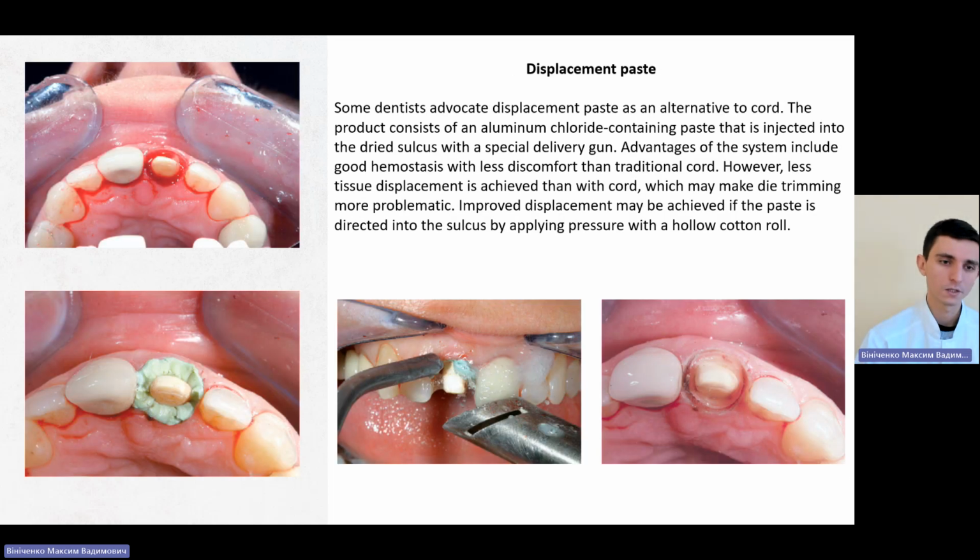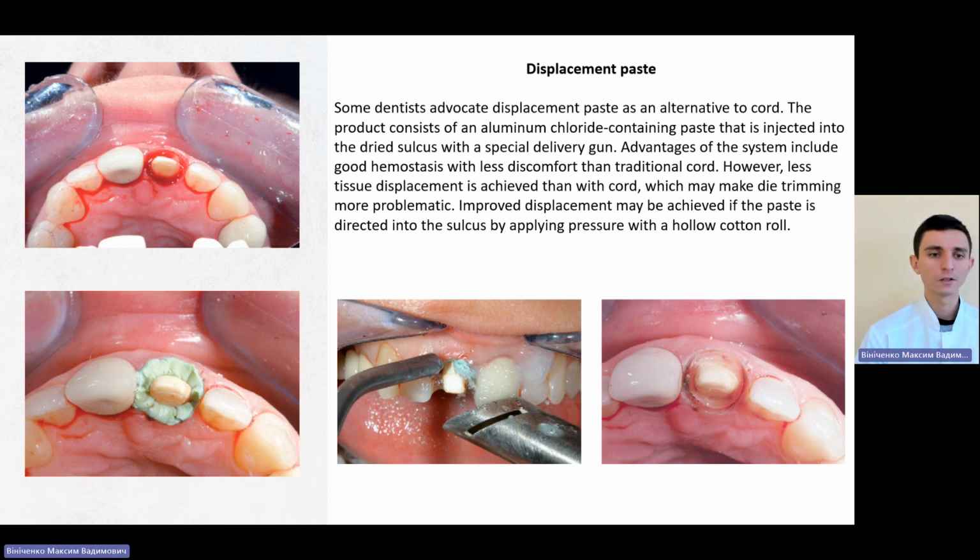Displacement paste. Some dentists advocate displacement paste as an alternative to cord. The product consists of an aluminum fluoride containing paste that is injected into the dried sulcus with a special delivery gun.